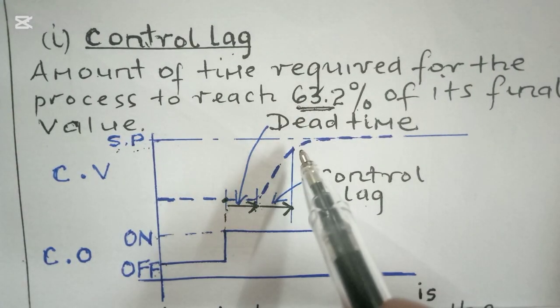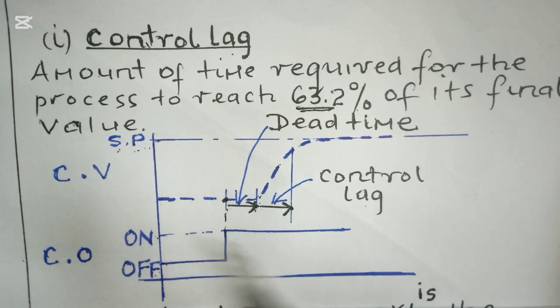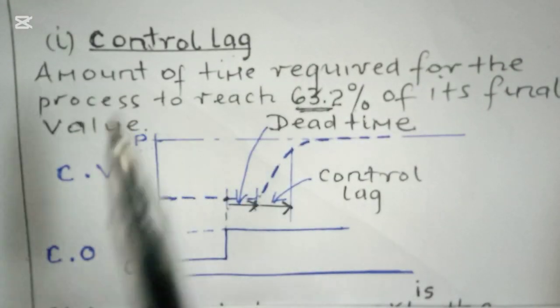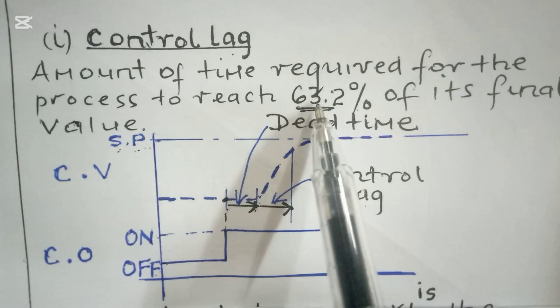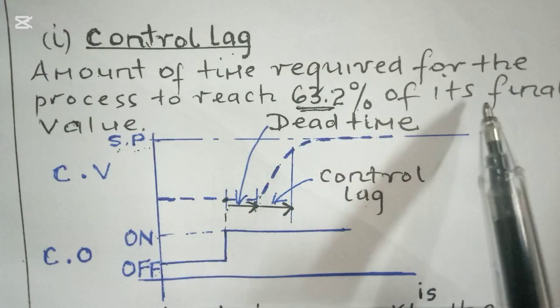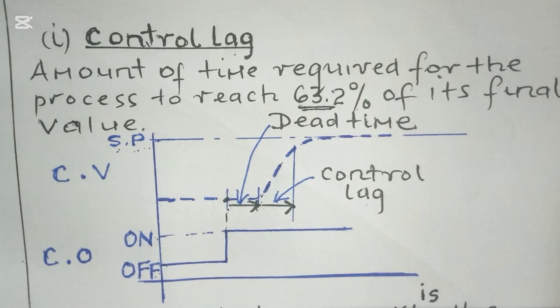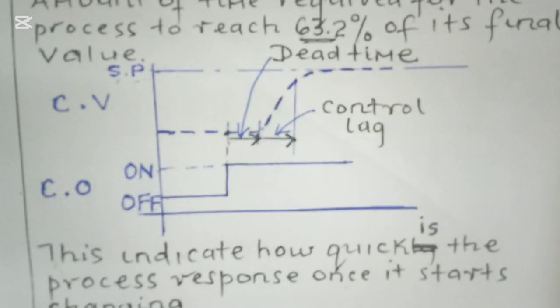That time taken from when the thermometer begins to read a change in temperature up to this point is what we are calling control lag. In other words, I read the statement: amount of time required for the process to reach 63.2% of its final value.